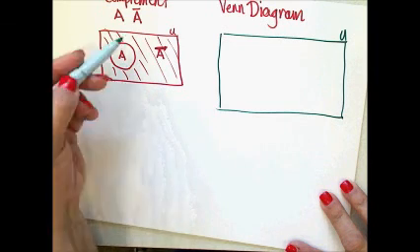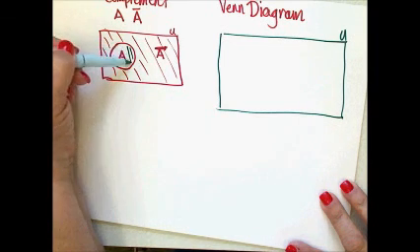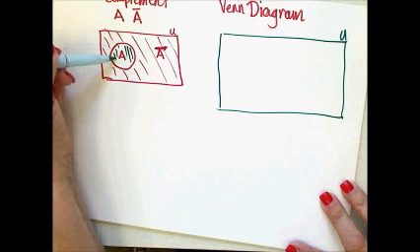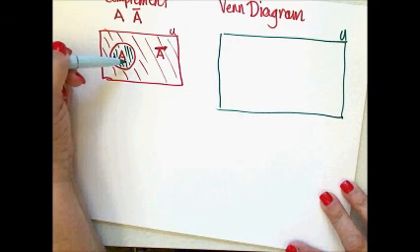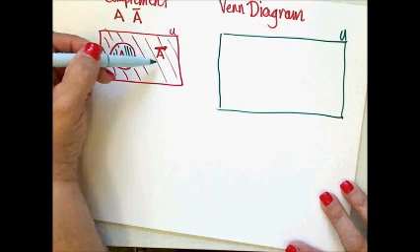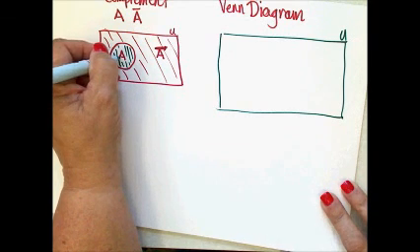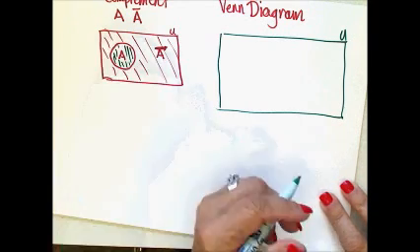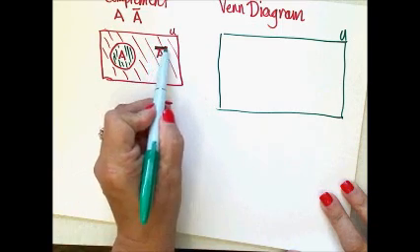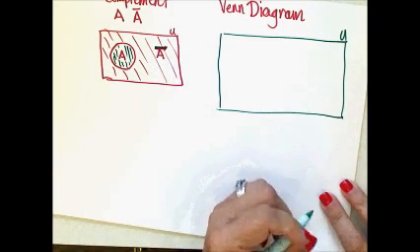So everything that's in A would be represented inside this circle. Everything that's not in A is outside the circle. So inside the circle would be A itself, and outside the circle would be read A complement. The bar over the top of it means it's a complement.